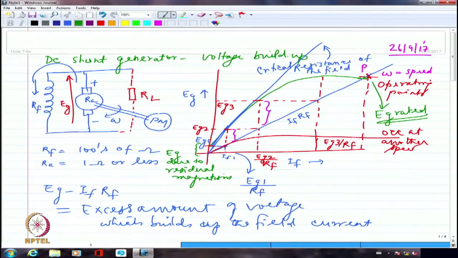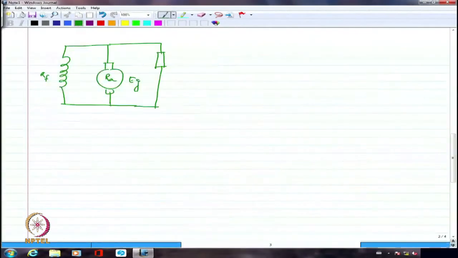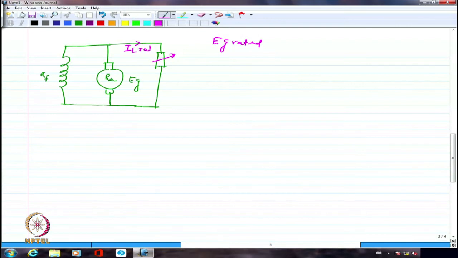So I would say that now I have allowed the machine to reach its own operating point, because of which we have reached Eg rated. Now I am going to connect the load. This may be a variable load, but let us say I am actually connecting it corresponding to a current that will be drawn, which is IL rated.